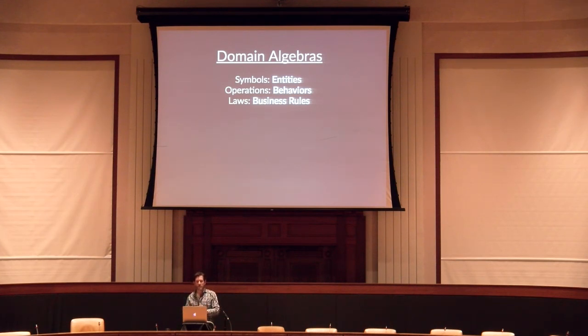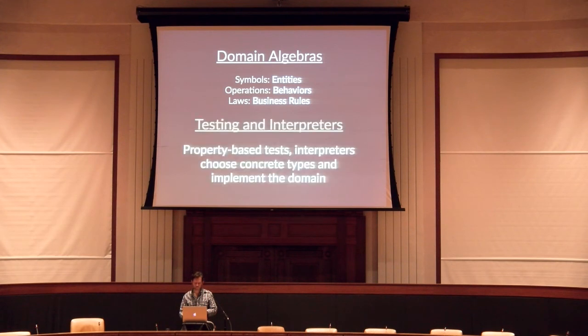The symbols of this algebra are just the nouns, the operations are the verbs, and our business rules can encode the laws of this algebra. And then the implementation just falls out from there. I think this idea is more of a discipline than a particular implementation, but it has very good properties. We can get property-based tests, and at some point we need to specify what these things really are, but it's separated from everything else.